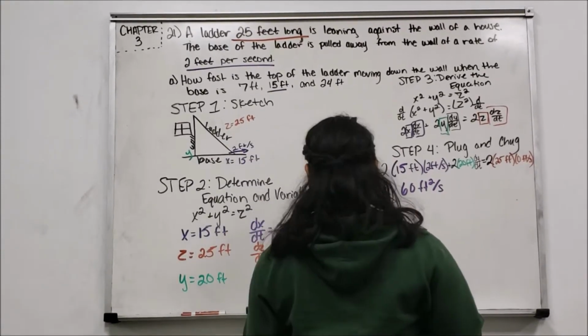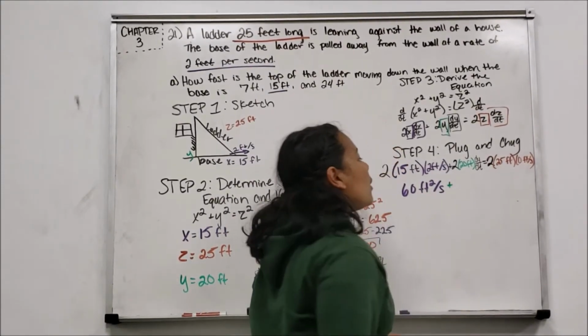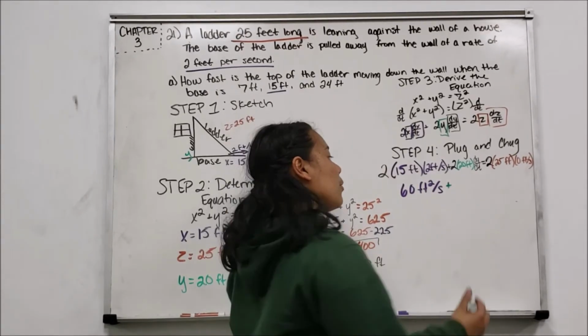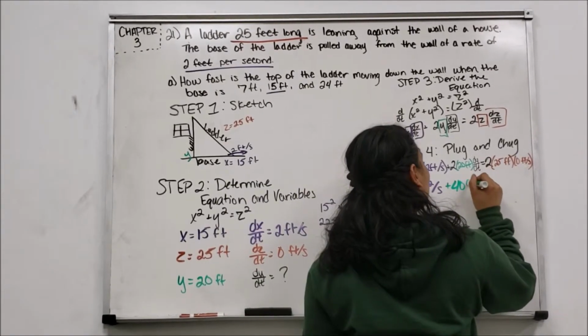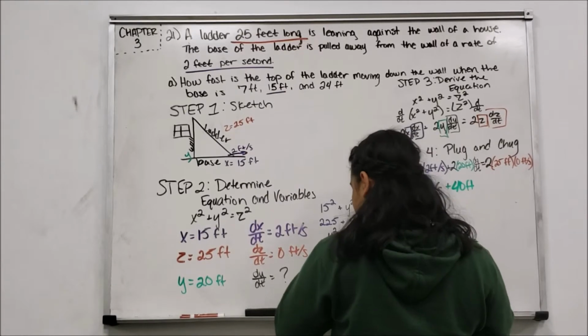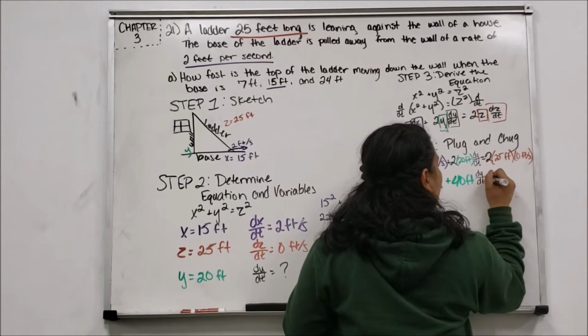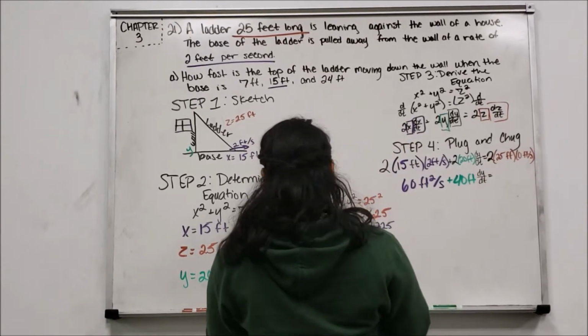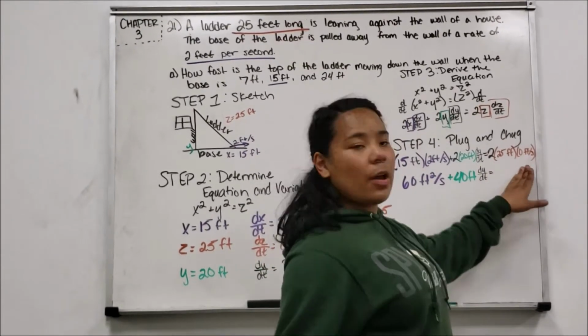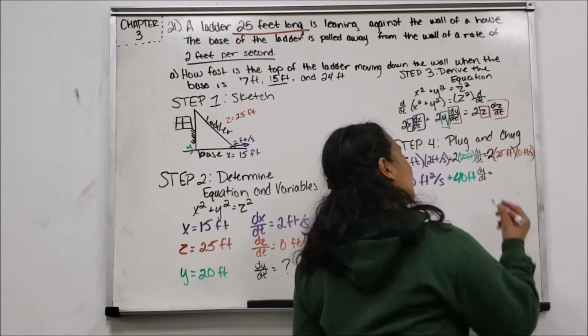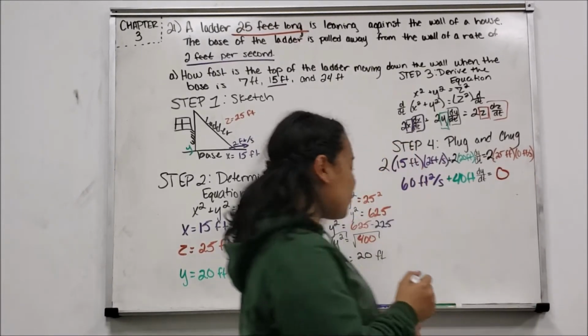Then we have 2 times 20, which is 40, so we're going to say 40 feet dy dt. I'm going to bring it down. Then, here's the easy part, because we see there's a 0, so when we multiply, we automatically know that there's a 0, so we're going to say 0 there.